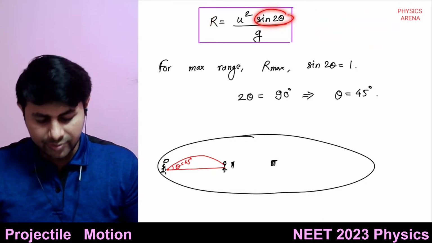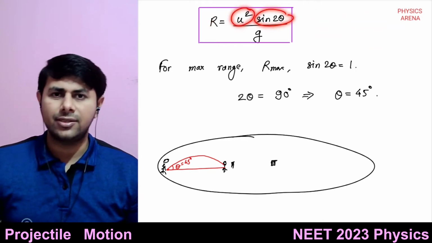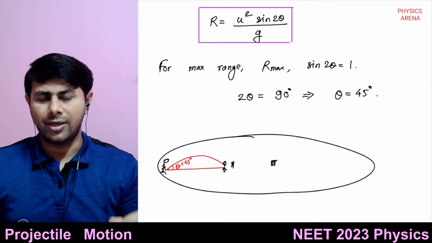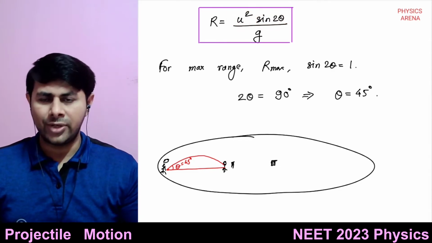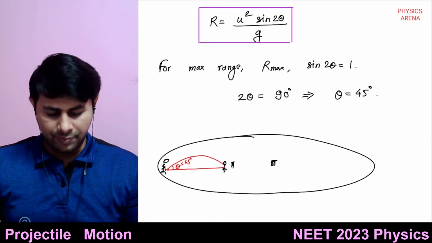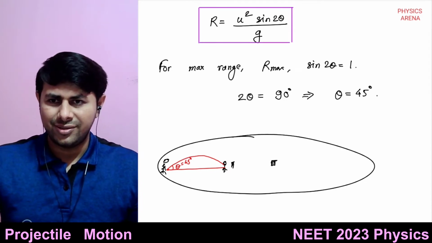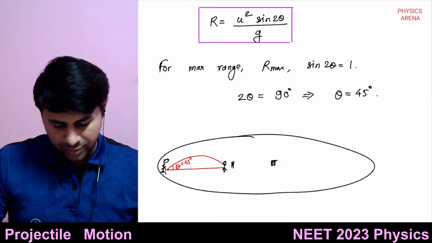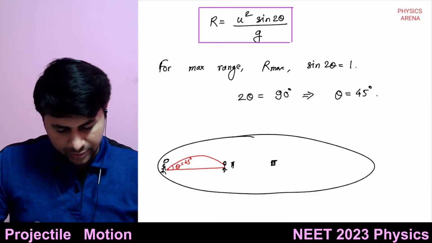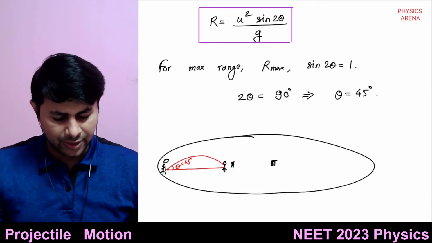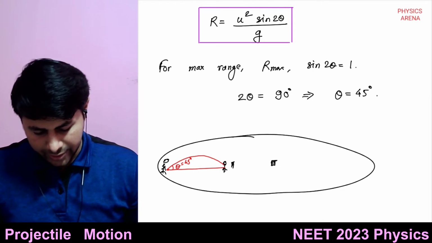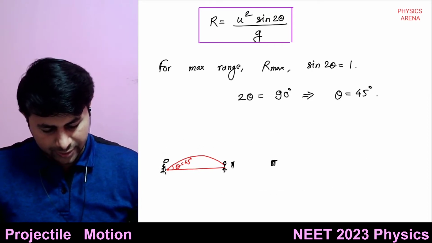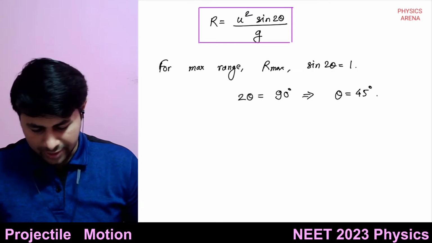If this term is less than 1, you have to increase u. That means you have to apply more force, more energy. So for maximum range, theta is equal to 45 degrees.